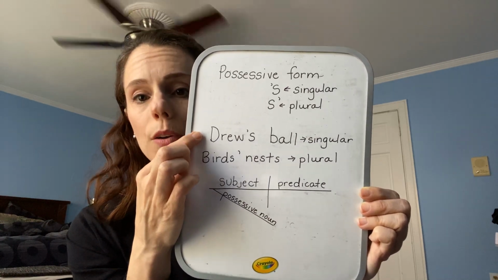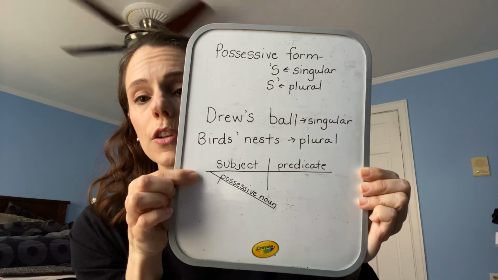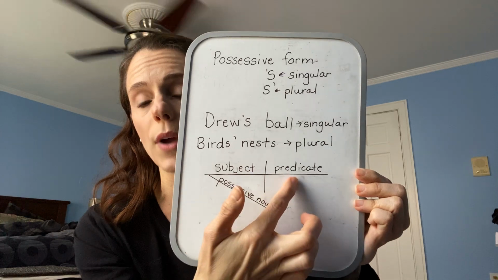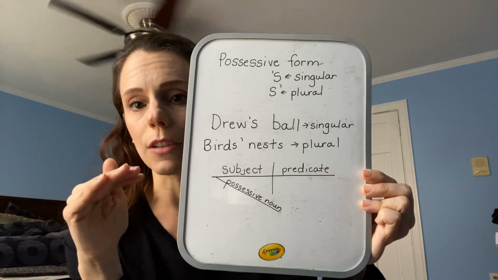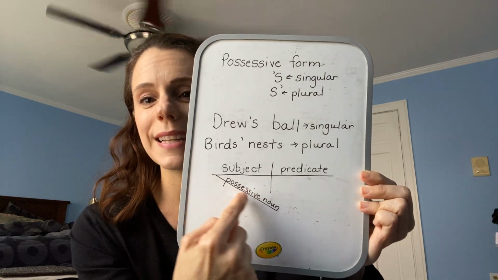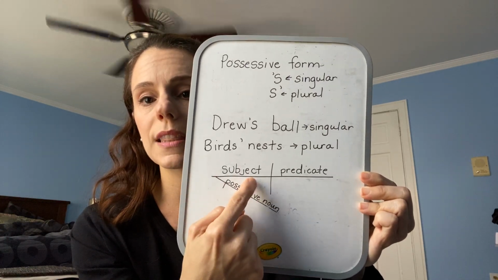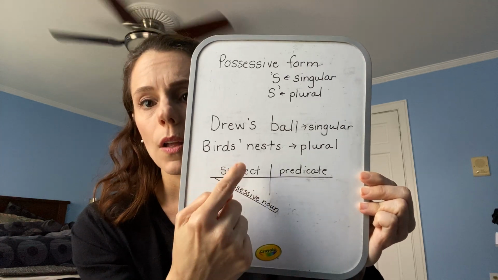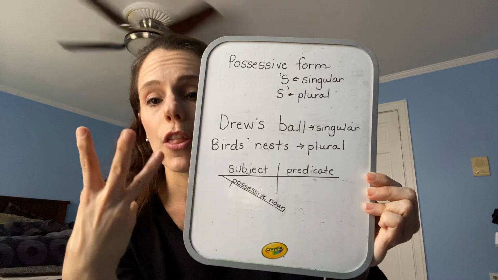So when we diagram them, they're going to look a little bit like this. So you have your subject and you have your predicate. That does not change. What we're adding today is this slanted line underneath the subject, okay? So the sentences are going to have 3 words.